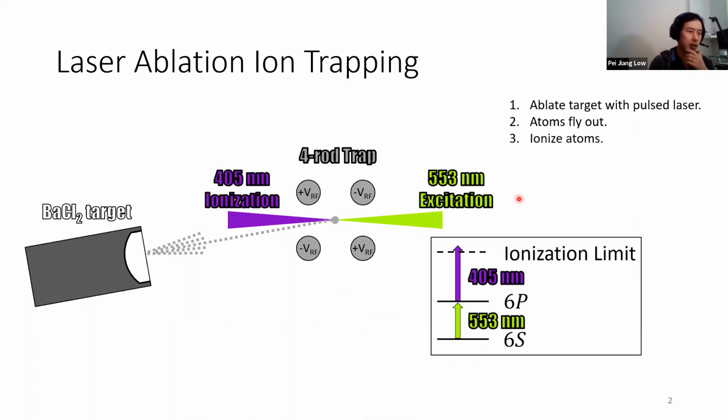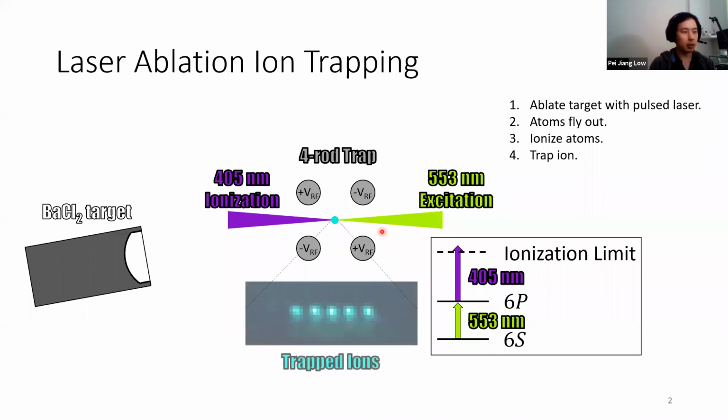The first excitation laser brings a neutral barium atom from its ground state to its first excited state, and the second laser brings it from the first excited state to the ionization limit, so the atom gets ionized. Once it becomes an ion, it sees the electric field of our trap, and it gets trapped.